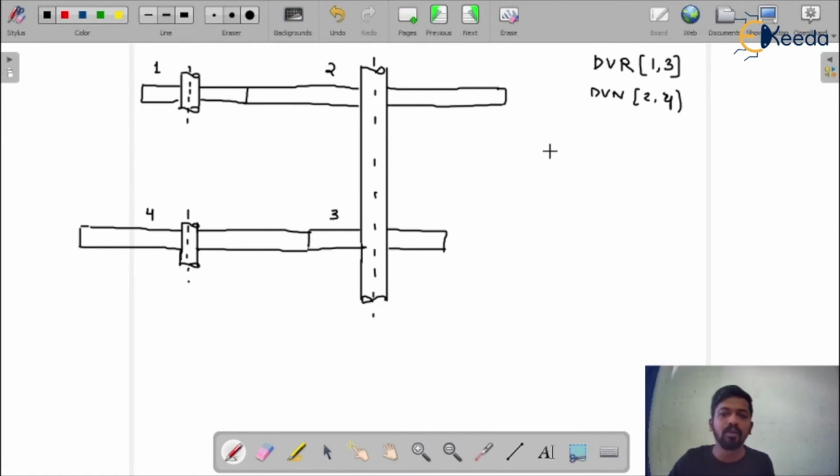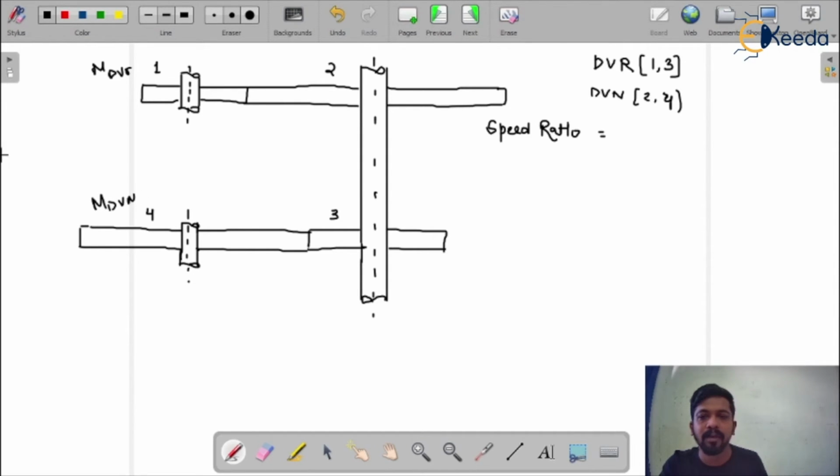If you want to calculate the speed ratio for the gear train, you can calculate using the same procedure that we have studied in the compound gear train and the simple gear train. This is our main driver, and we want to transmit power from 1 to 4, the main driver to the main driven.